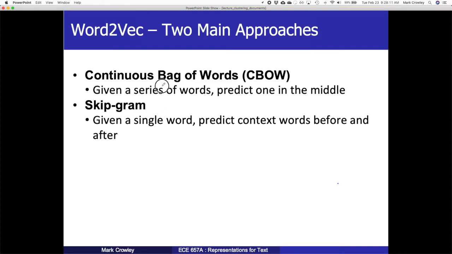So we have our bag of words, which we've already talked about, which is just the frequencies of the words in the document, so it just counts for all of them. So continuous bag of words is you're saying, given some words in the text, can I predict one that's going to be in the middle of them, right?